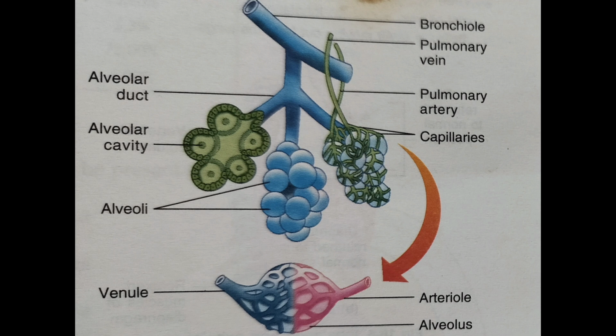They are covered with a network of capillaries for the supply of rich blood. And these alveoli have a numerous surface area for the exchange of gases, which can take in more oxygen.